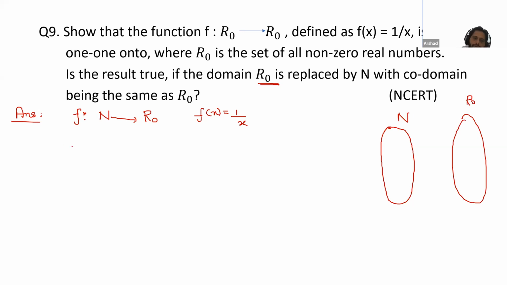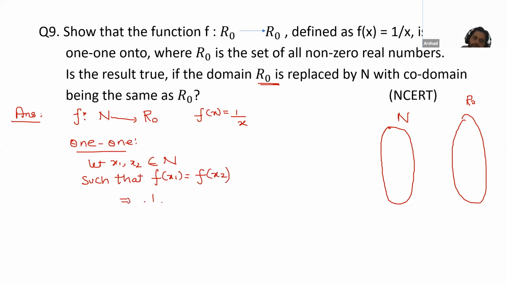For the one-one, again we will do the same process. We will assume let x1, x2 belongs to the first set, that is N. No need to mention domain and codomain because the sets are different, such that fx1 is equal to fx2. So this means 1 by x1 is equal to 1 by x2.